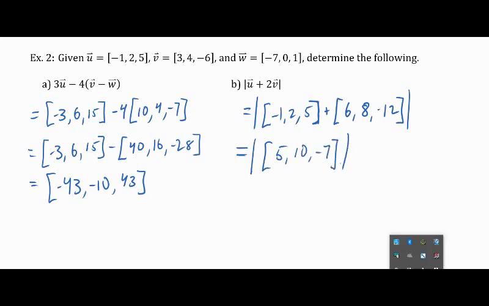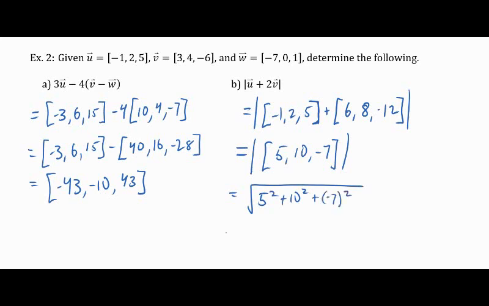And then the last trick is, if you remember, how to find the magnitude of that. And that's just similar to Pythagorean theorem. I just square everything. And I end up with this root 174. Done. Okay.